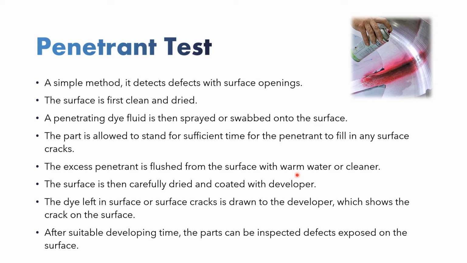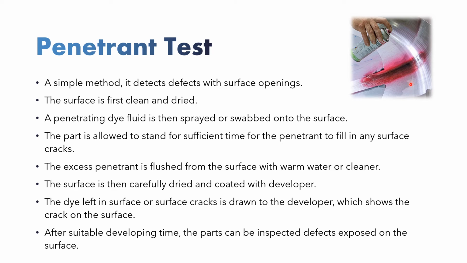So if you want to wrap that up, for the penetrant test, we're going to use the penetrant to detect a surface crack, so spray on it, okay? And then you wait to allow that penetrant to fill in any of the cracks on that surface. Then we're going to use the water and cleaner.